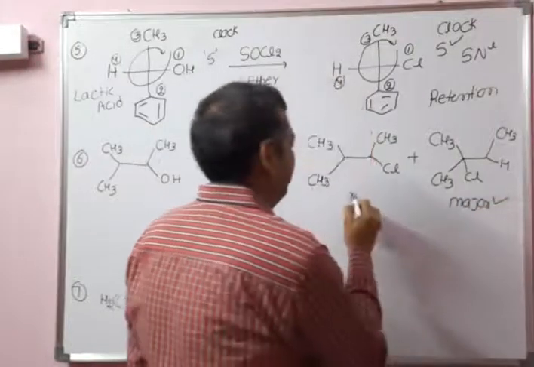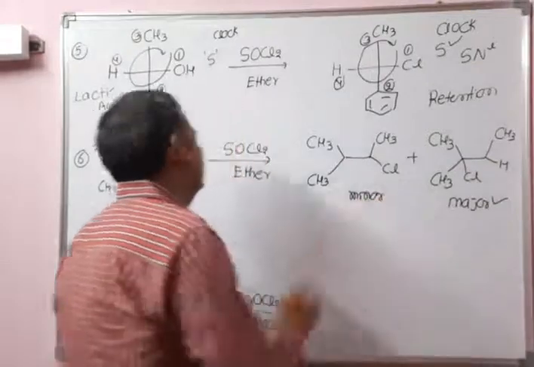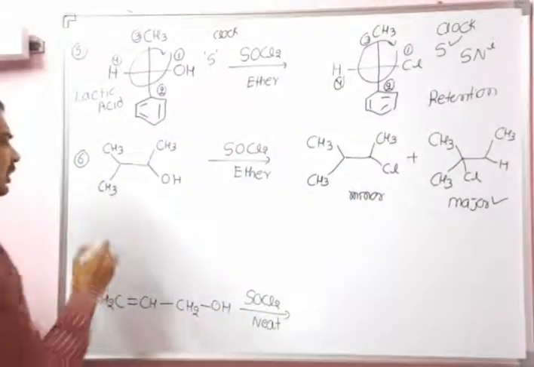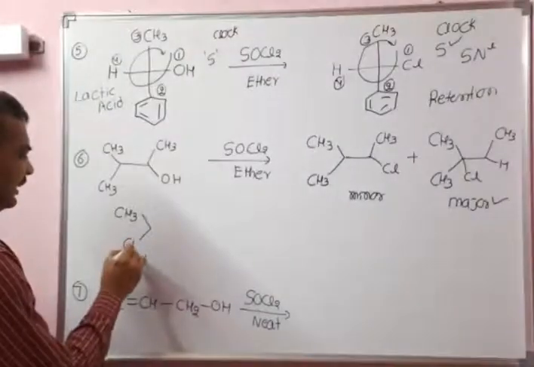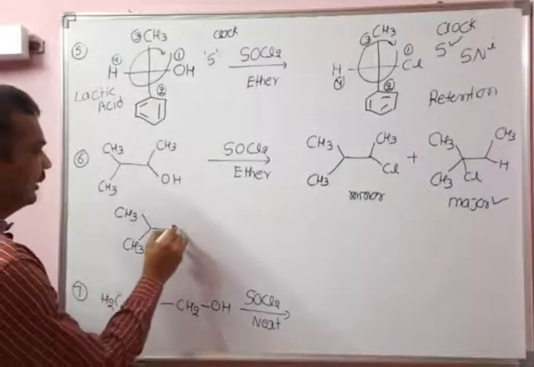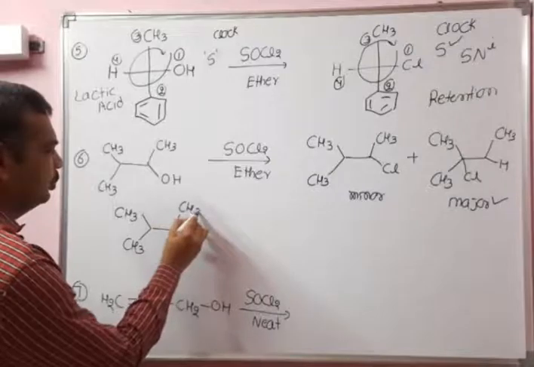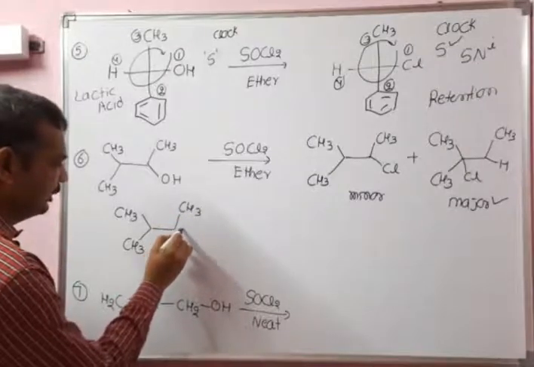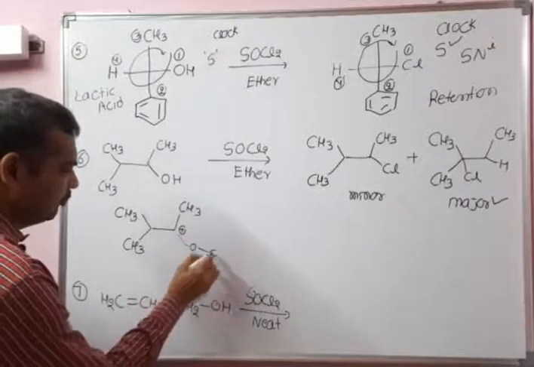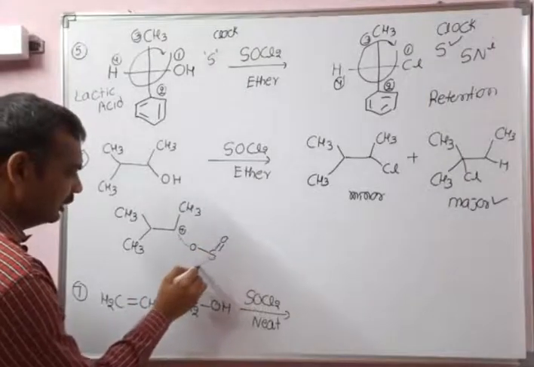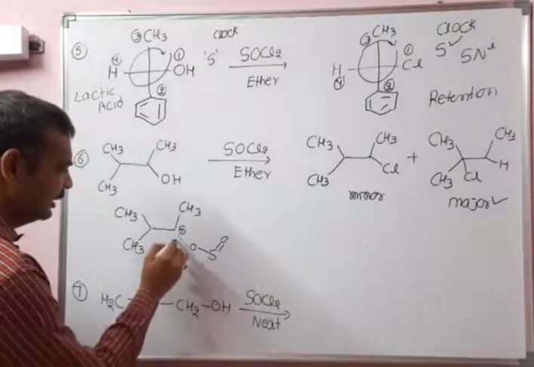This is minor. After forming alkyl chlorosulfate, I will write directly CH3. Suppose it is a positive charge, it will form a complex like this, O, SO and Cl. This is a secondary carbocation with a 4-centered transition state.